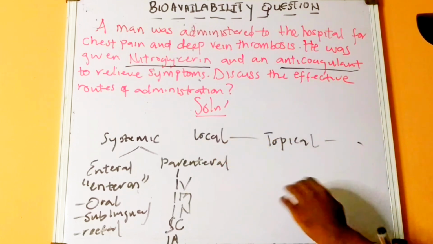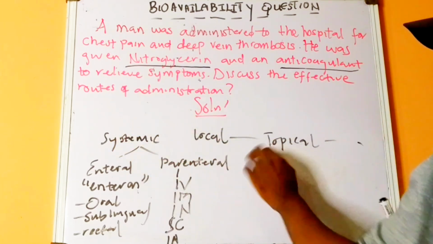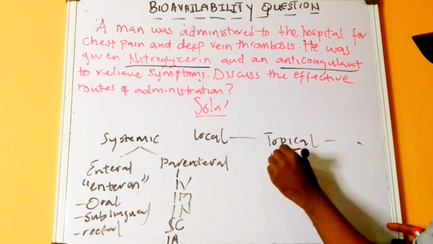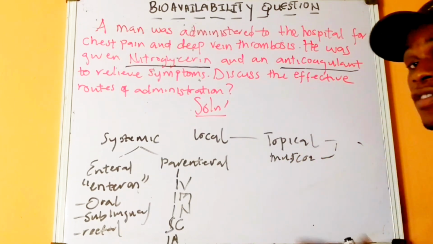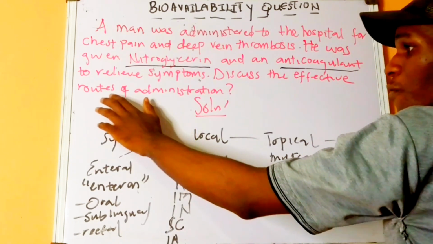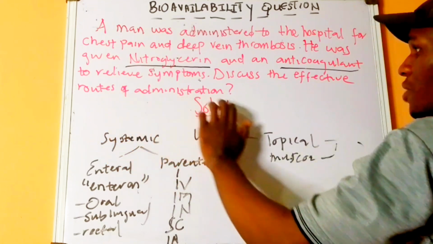And for local, which is outside the systemic circulation, we have topical, mucosal administration, and so on and so forth. At the end of this video, you can watch the full teaching on routes of administration.